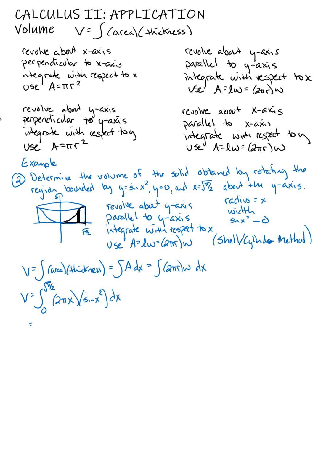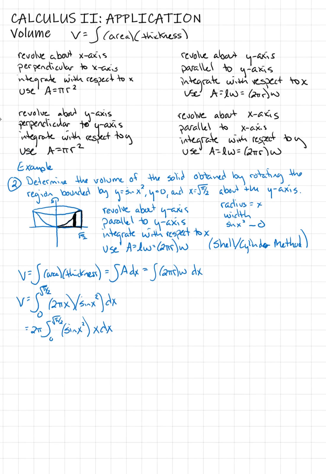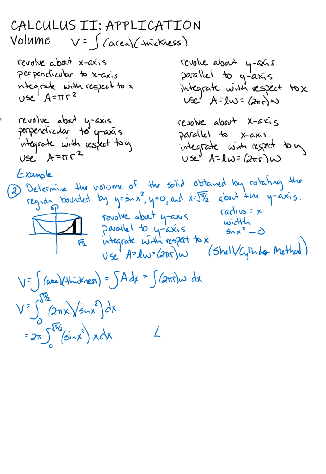Let's see. I'm going to do a couple things. I'm going to start by factoring out the 2 pi. That's a constant. And looks like I'm going to need to use u substitution, so I'm going to move this x to the back. So I commuted things just a little bit. Okay, so for u substitution, in this case, I will let u equal x squared.